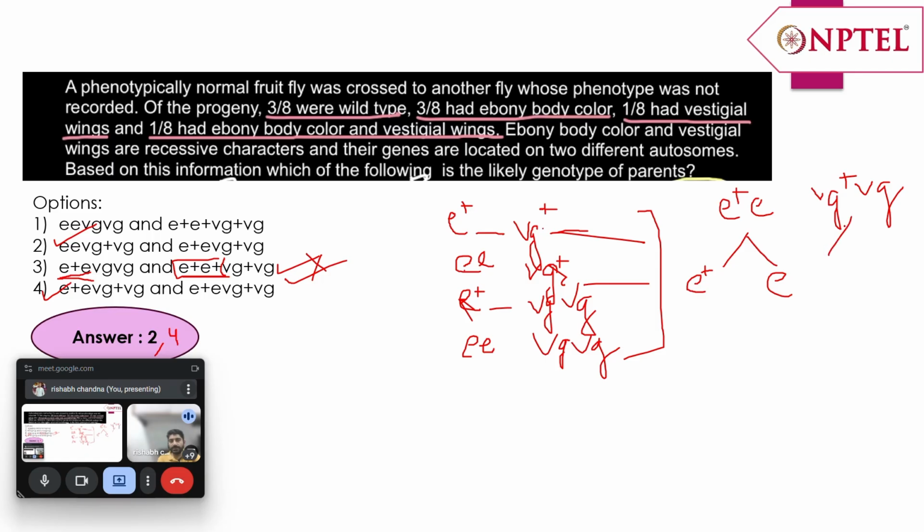In this case also two types of gametes would be formed, Vg positive and Vg, that is the vestigial wings. Likewise, if we draw the combinations, then only the recessive phenotype would be formed. That's why either the parents are heterozygous for both the loci, or one would be heterozygous and the other one would be homozygous recessive for both the loci. So these can be the cases.